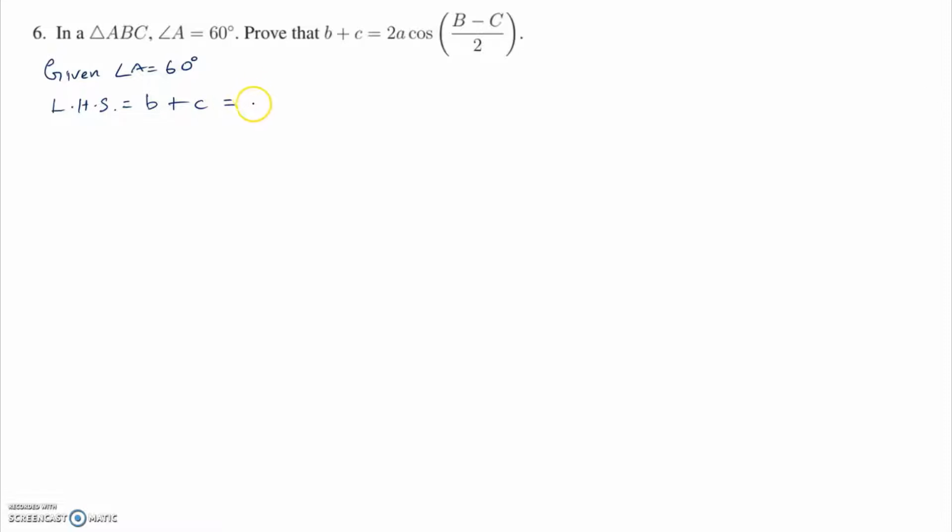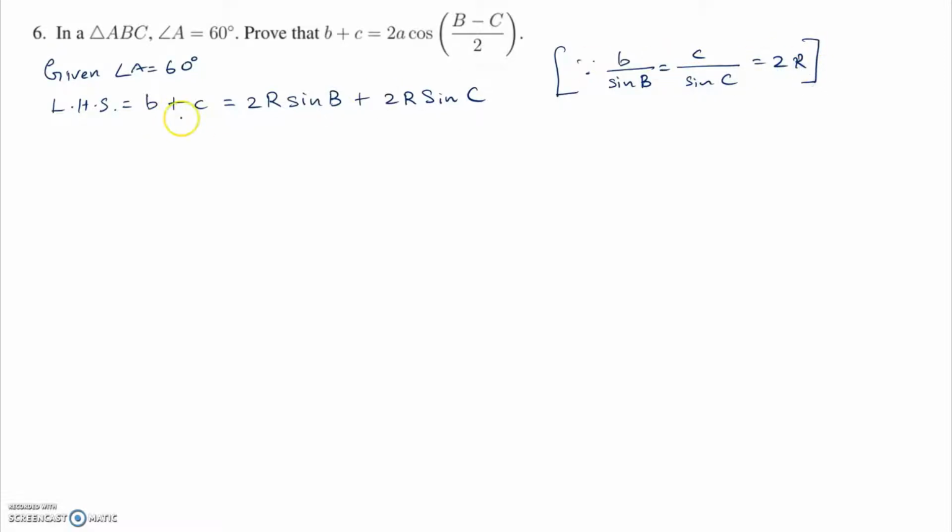Now we can write b as 2R sin B and c as 2R sin C, since b by sin B is equal to c by sin C is equal to 2R. So let's take the 2R, which is common, outside. So this becomes 2R into sin B plus sin C.